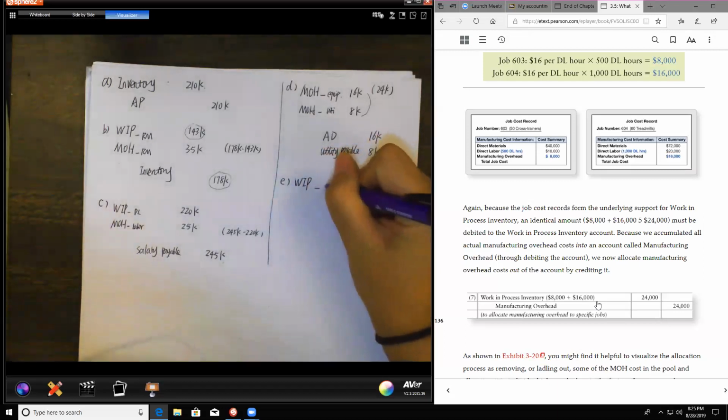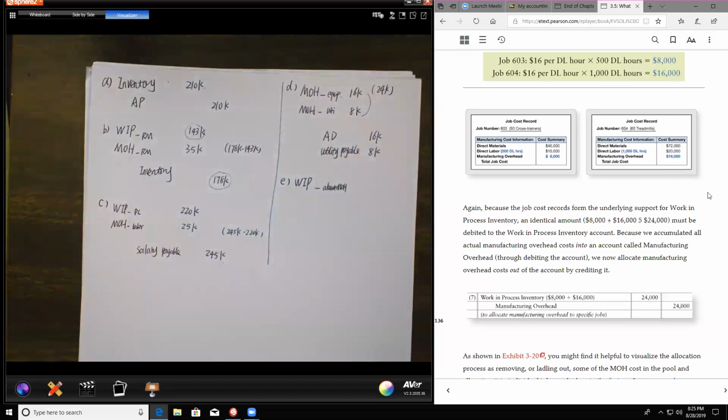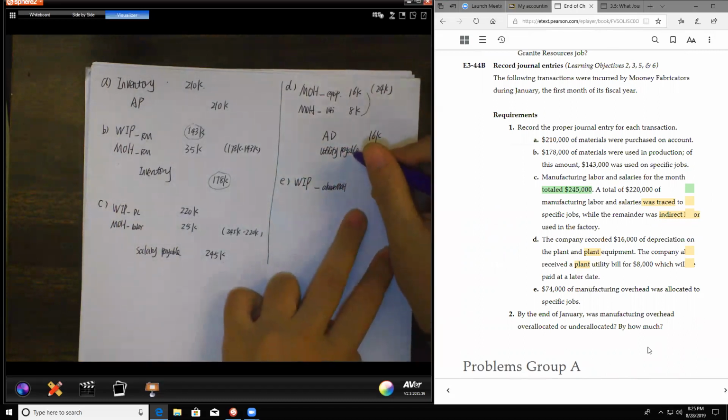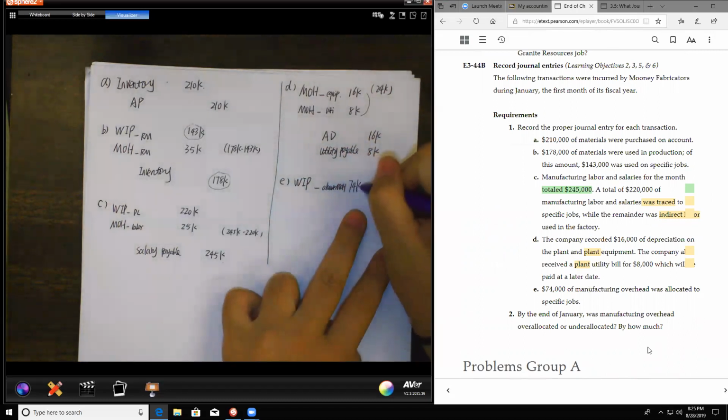So that is allocated manufacturing overhead, right? The question said how much we can allocate is 74,000. How do we get this number? It is based on a predetermined rate, which will be discussed in the next video. But the question told you directly, so we allocate 74,000.